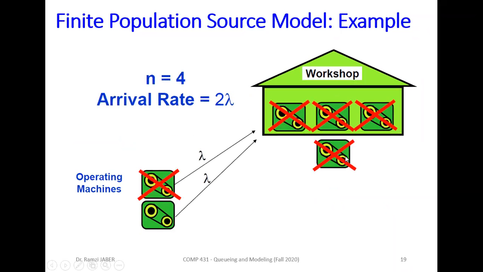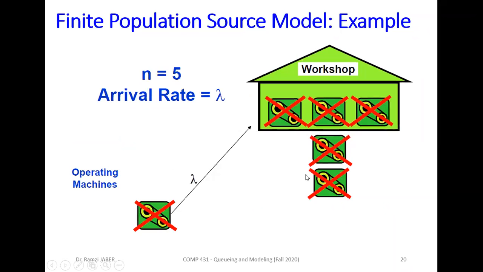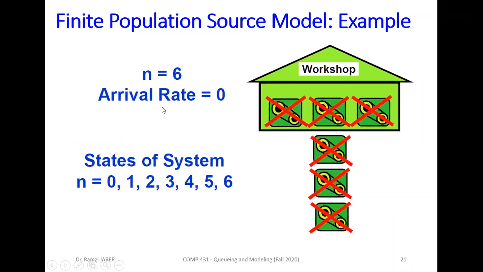And so on. n equals 4, n equals 5, n equals 6, arrival rate will be 0. No customers will be entered. Okay, 0. This model is finished. So the state of the system is n from 0 to 6 only.